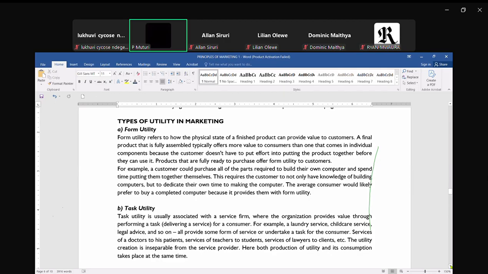For instance, if you think of physical products that are manufactured, that manufacturing or processing from raw material is really aimed at creating the form utility, changing the state of something into something that is more valuable. So a final product is the representation of the form utility, a fully assembled product that satisfies the needs of that target market.